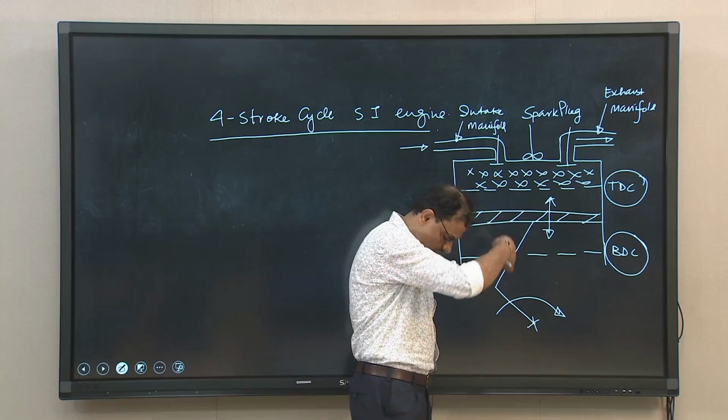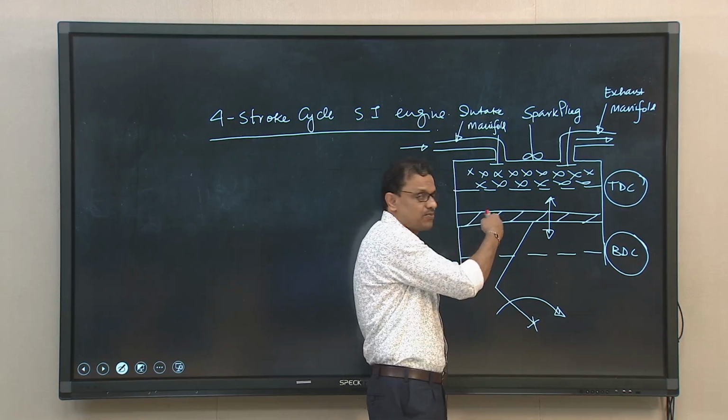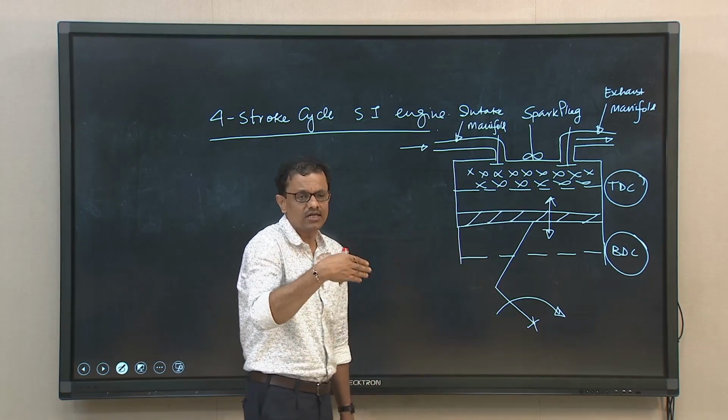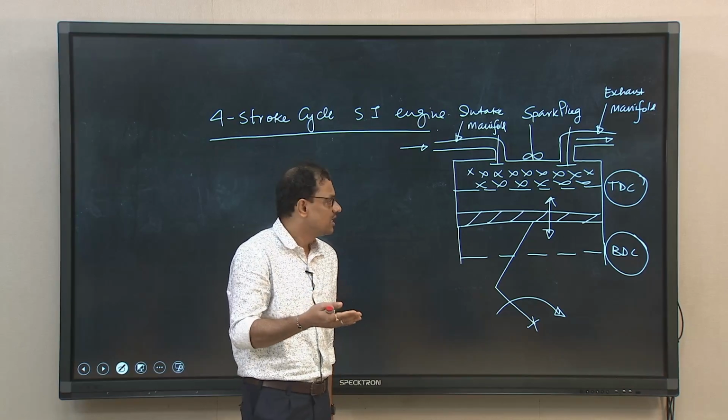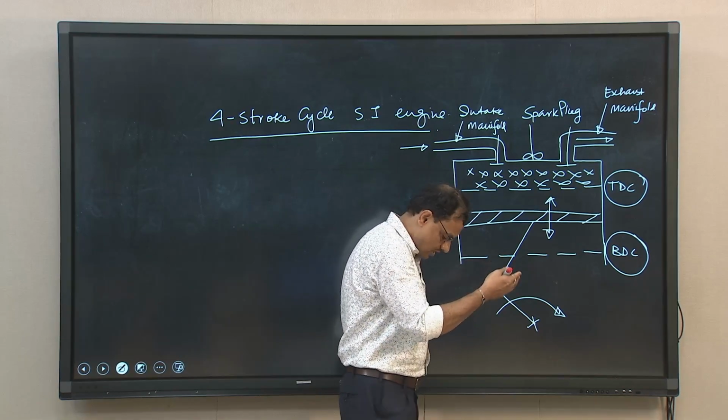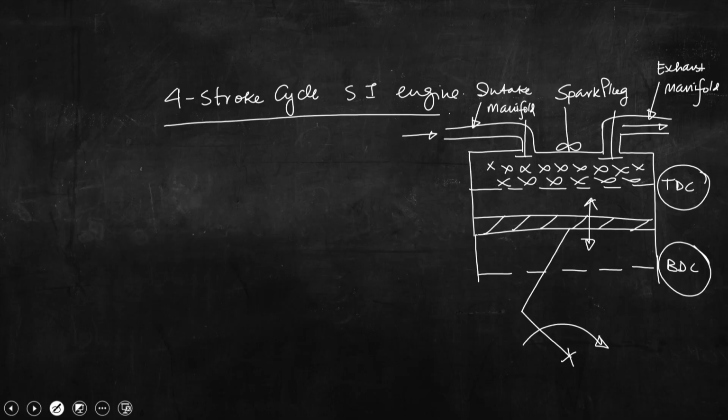All these 4 strokes will occur or recur consecutively, right, and what we could see is that at the beginning and end of each stroke the thermodynamic state of the working substance will be changed.